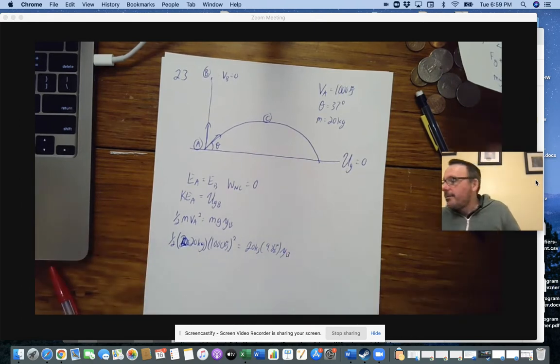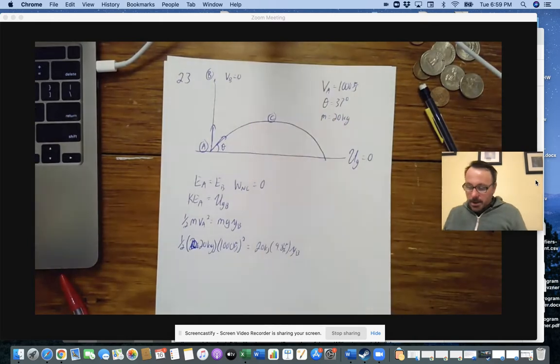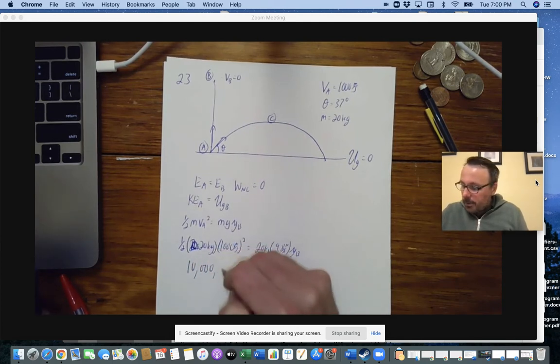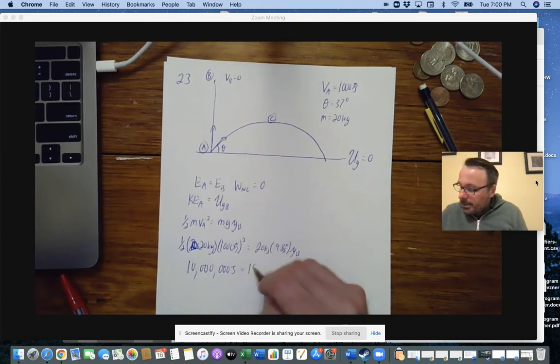So what do I have there? It is some fairly large number. So 1,000 squared times 10, right? Because 20 times 0.5 gives us this 10 million joules number, which is fairly impressive. Not really, but there it is. y of B, right?